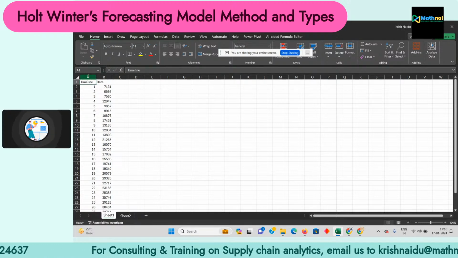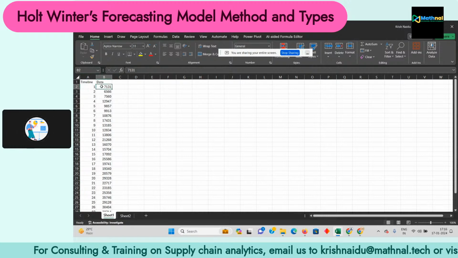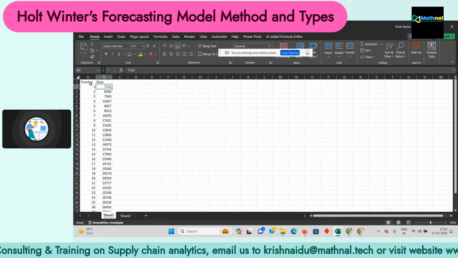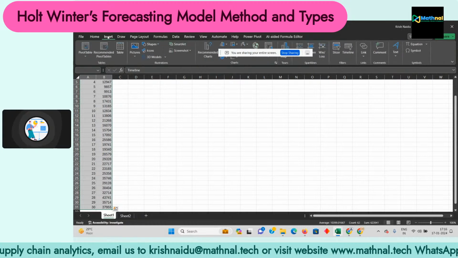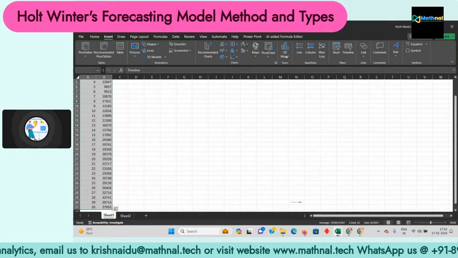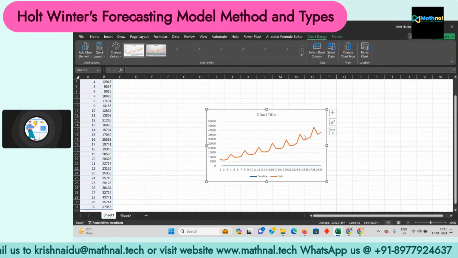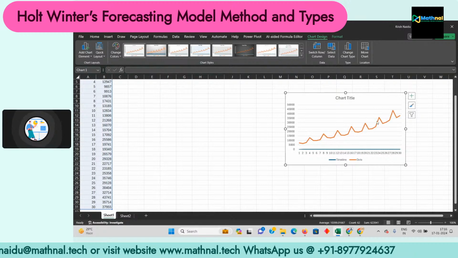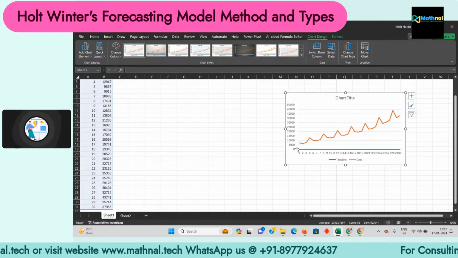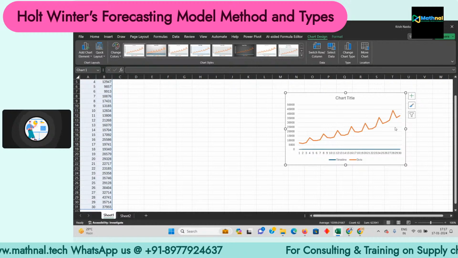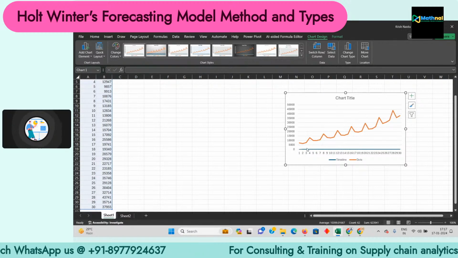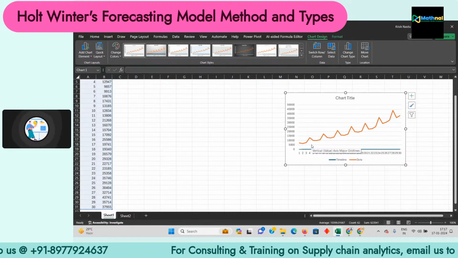We have the data here, so let's understand the pattern. I'll select this, go to insert, line chart, and build a line chart. This data clearly shows a trend and a seasonality. I'm saying trend because the first value is at the lower end and the last value is at the upper end, so it clearly shows there is a trend inside this data.